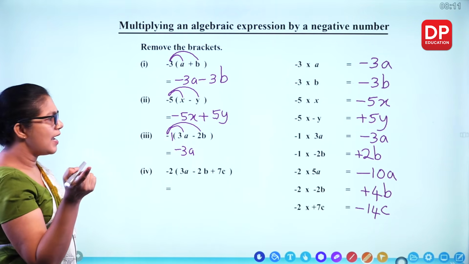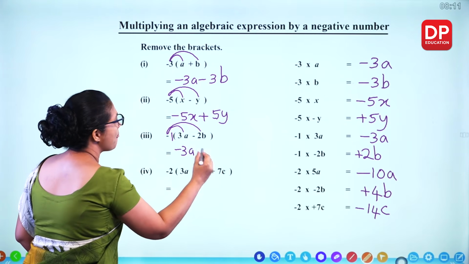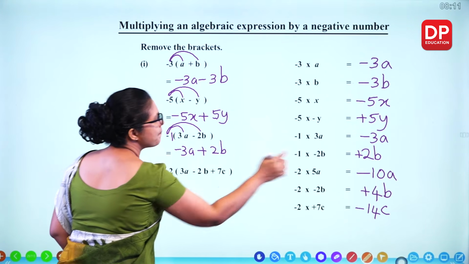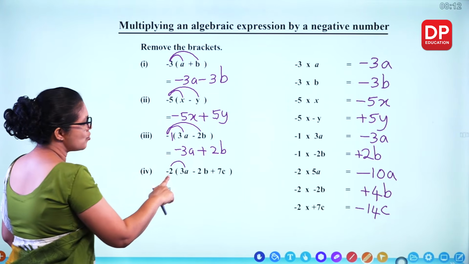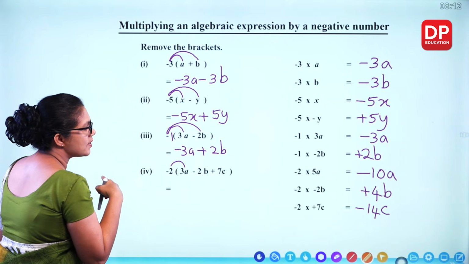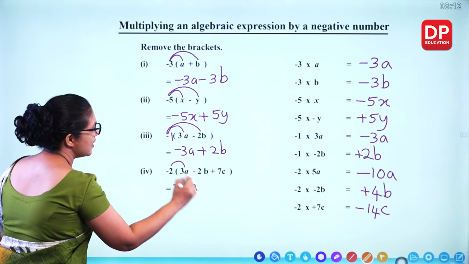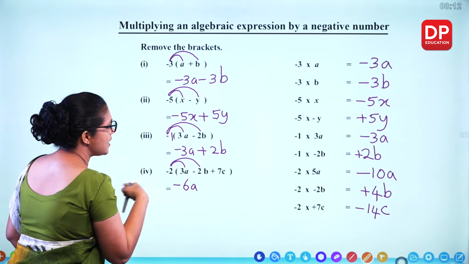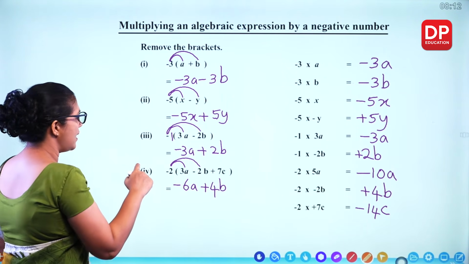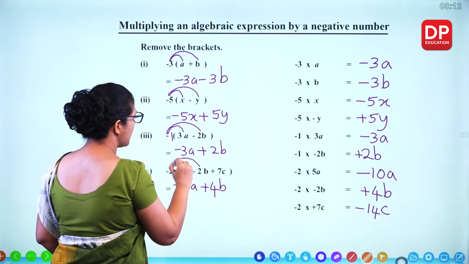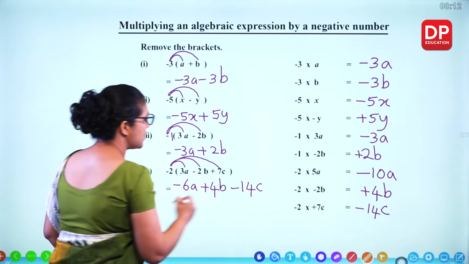Minus 1 into 3a, minus 3a. Minus 1 into minus 2b, that's plus 2b. This one. Minus 2 times 3a, what's the value? Minus 2 times 3a, minus 6a. This one, minus 2 times minus 2b, plus 4b. And here, minus 2 times 7, you get minus 14c.